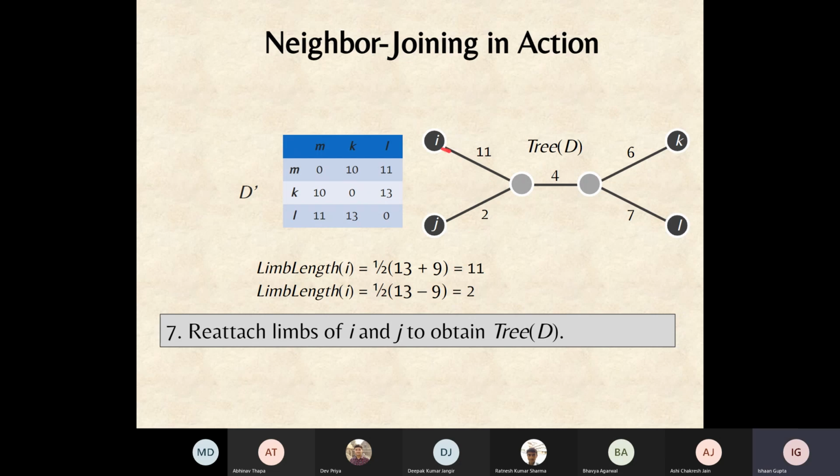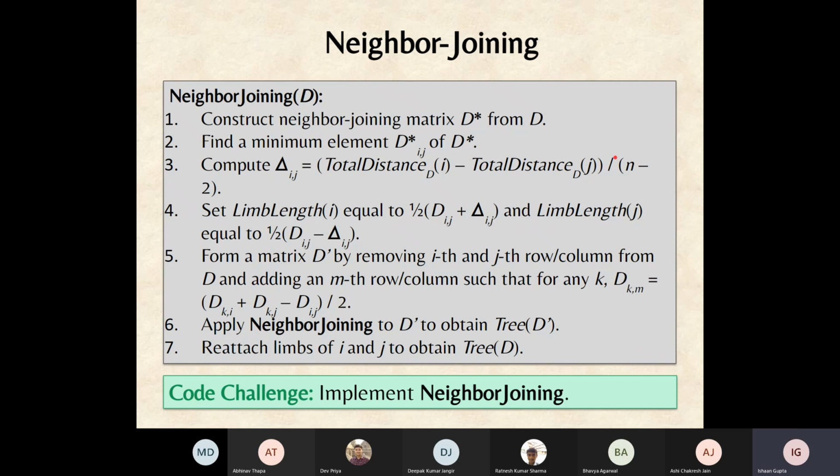You are going to get the tree. You already know that the limb lengths are here like this from the internal node M. You know that internal node M has these certain distances, and they are distributed as 10 and 11 like this, and you're going to obtain the tree. So this is the algorithm for it. You construct a neighborhood joining matrix.